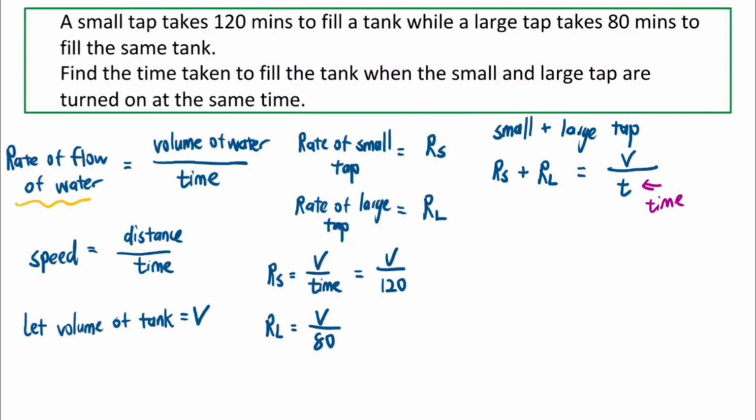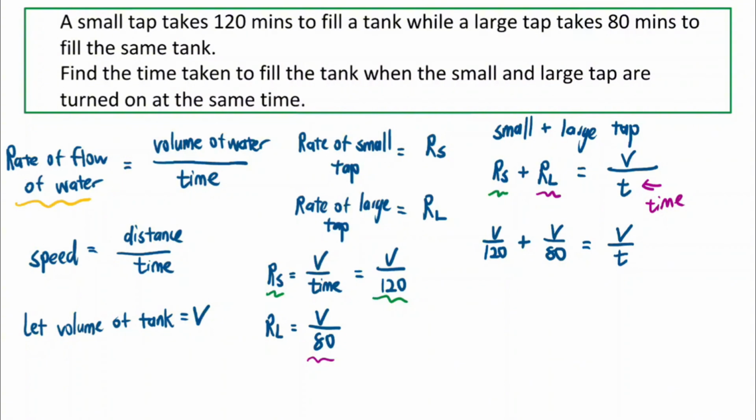Now I'm going to replace RS with V over 120, plus, and I'm going to replace RL with V over 80. The equation on the right remains unchanged, V over small t.